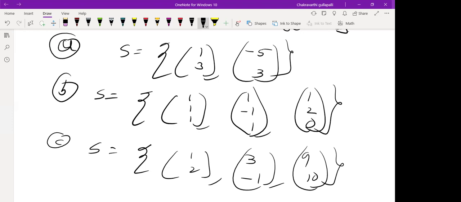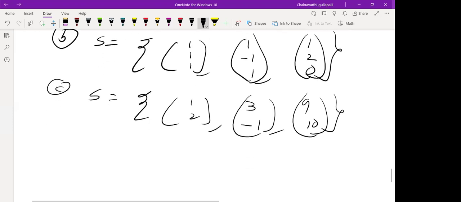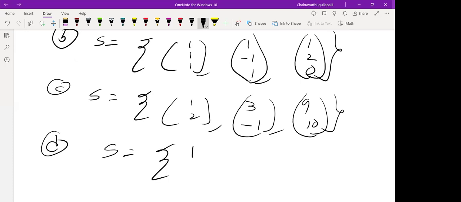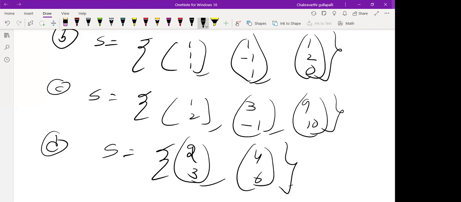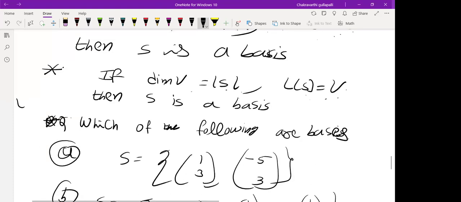చెప్పండి, ఫస్ట్ బేసిస్ అవుతుందా కాదు? So is it a basis or not? How will you check? First we have to check independence as well as generator. And this is subset of which space?